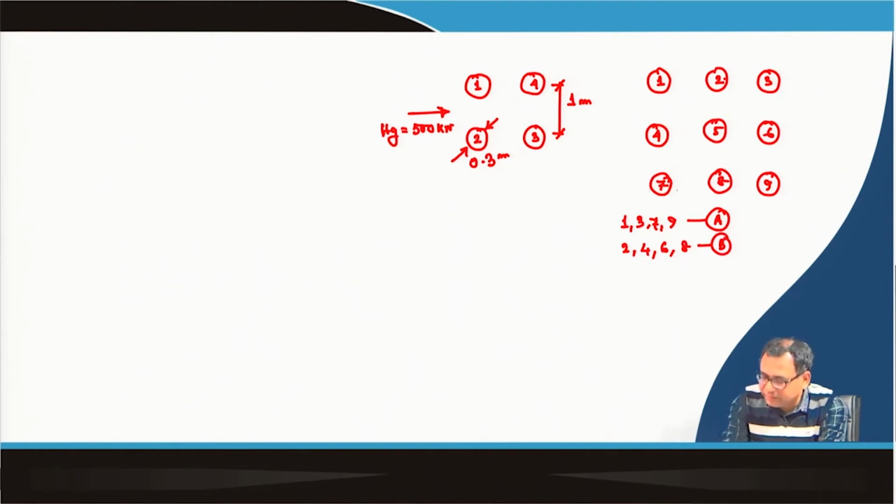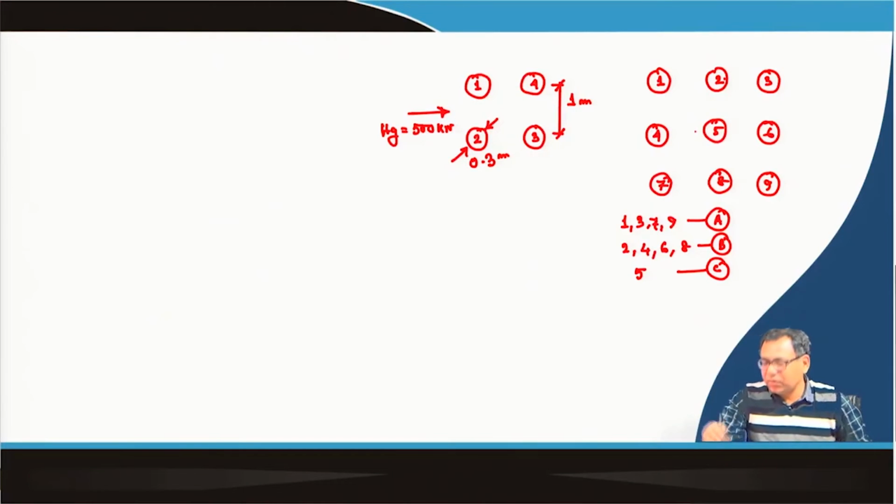These will be a similar type of pile, and 5 will be one particular group, a single pile, because no other pile will be similar to this fifth pile.